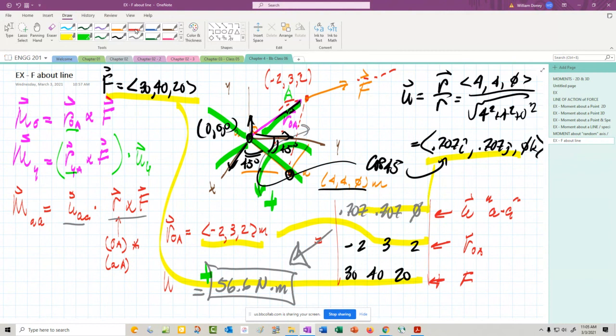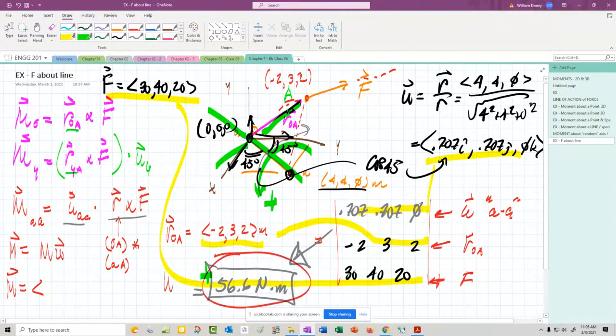But to take it a step further, what's the moment vector in Cartesian vector form? Well, moment or any vector equals the magnitude times its unit vector. So if we take this, that's the magnitude, and multiply it by the unit vector, which is, where's the unit vector?